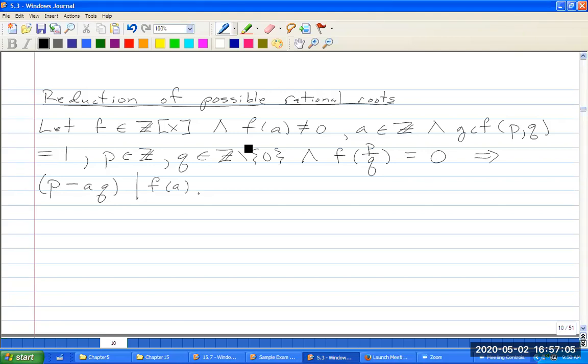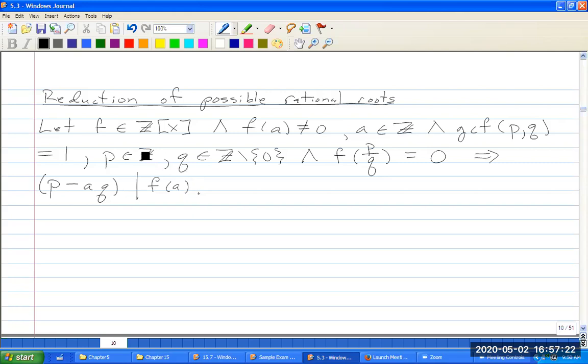So you've gotten rid of all the common factors. Then P over Q being a root of your polynomial implies that P minus a times Q must divide f of a.